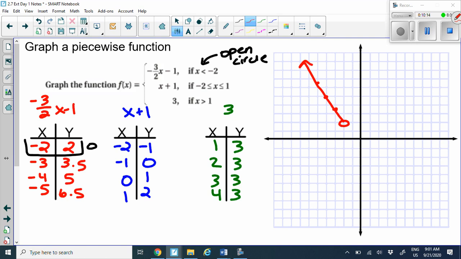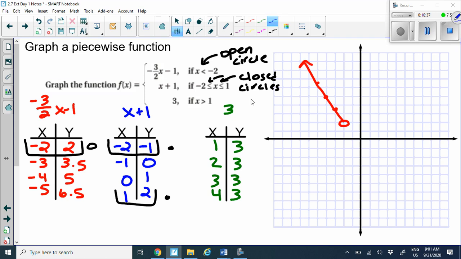Okay, next one. Now here we have 2 points because we have 2 parts to our restriction. On both of them, they have an equal bar. So that means both of them are going to be closed circles. And then everything else in between will also be closed.